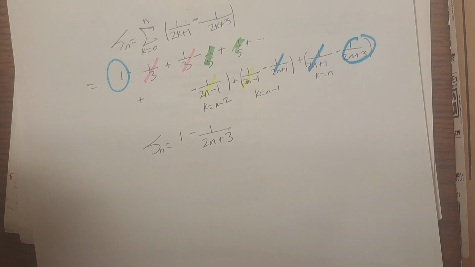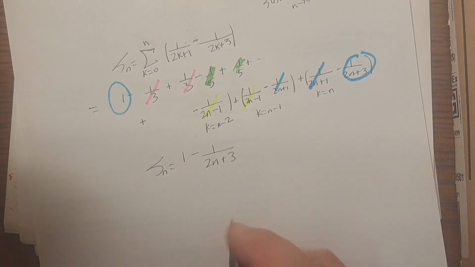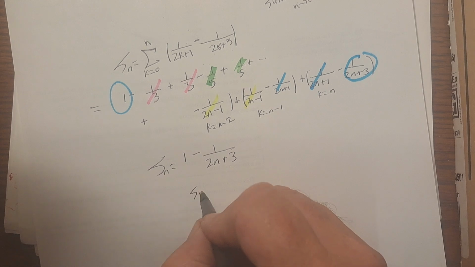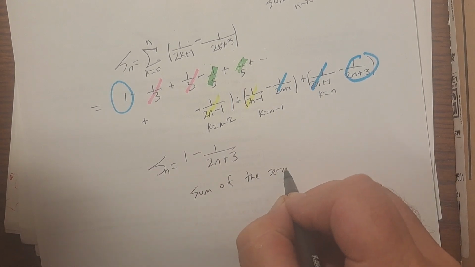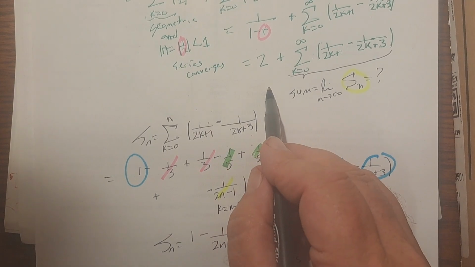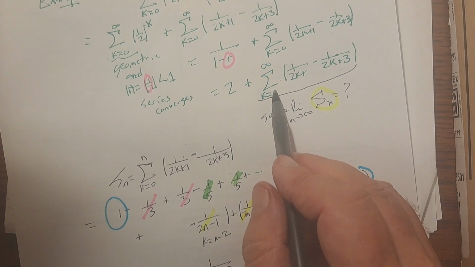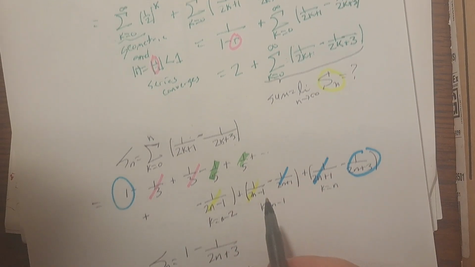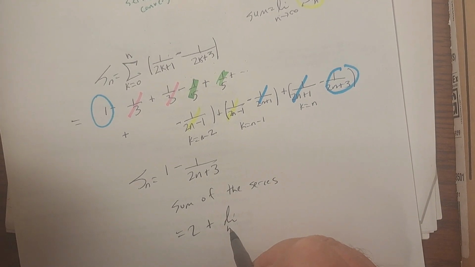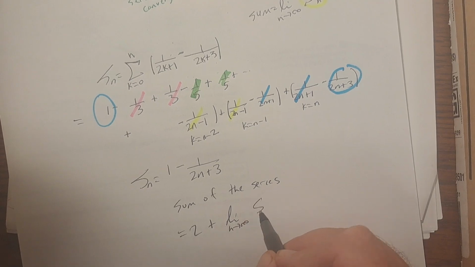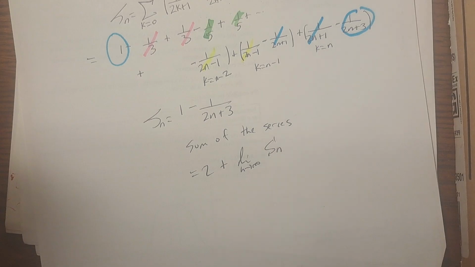So this one actually does have a formula you can come up with, and that means that the sum of the series is 2 plus this infinite series, but that's just the limit as n goes to infinity of the nth partial sum, because that's the definition of what a series converges to.